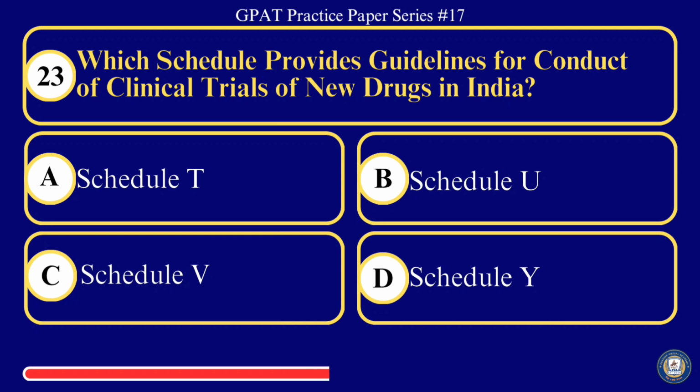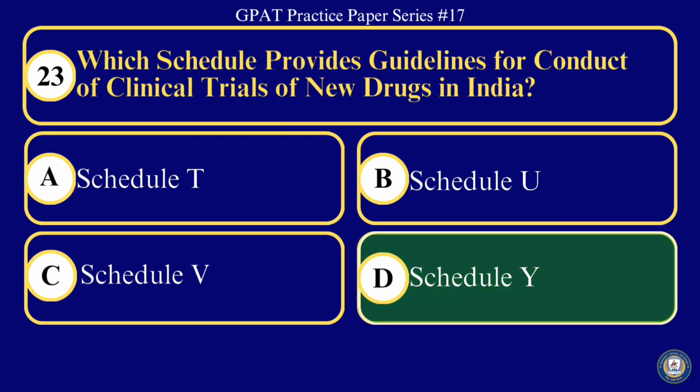Your options are A. Schedule T, B. Schedule U, C. Schedule V, D. Schedule Y. And the answer is option D, Schedule Y.